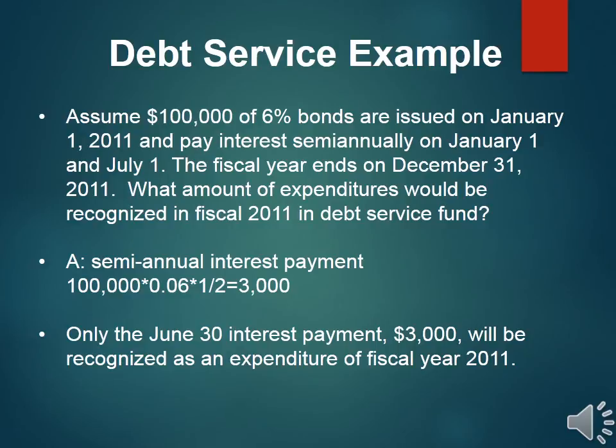The deal is, though, because you're not accruing any expenses in a modified accrual system for a governmental fund, the debt service fund, you're only recognizing the June 30th interest payment, or $3,000, during fiscal year 2011 as an expenditure. The January 1st, 2012 coupon payment will be where you recognize the second $3,000 payment, because that is when it's legally due. And now, later on in the module, you'll cover some more extensive problems.